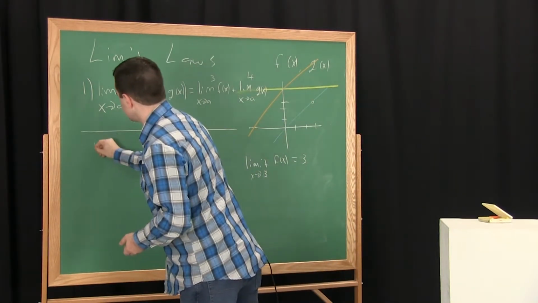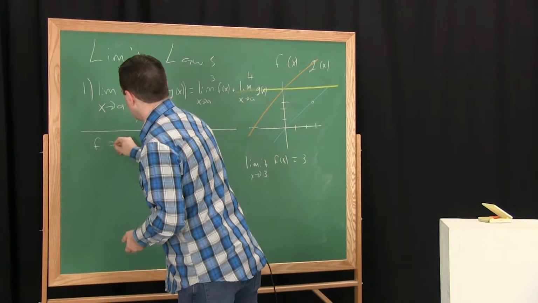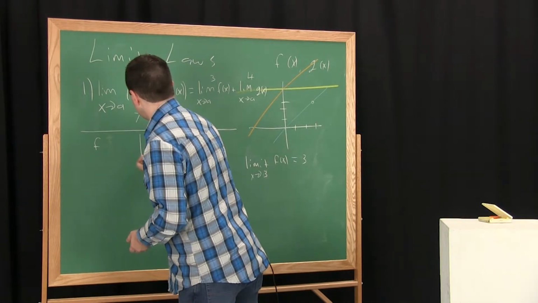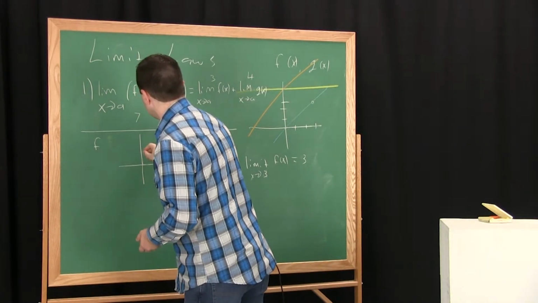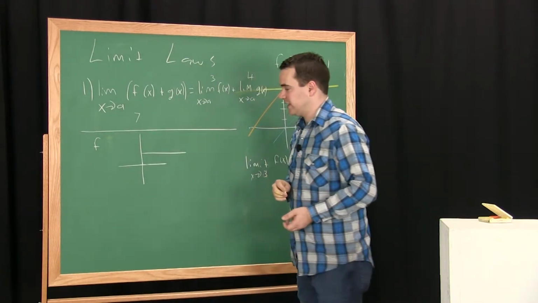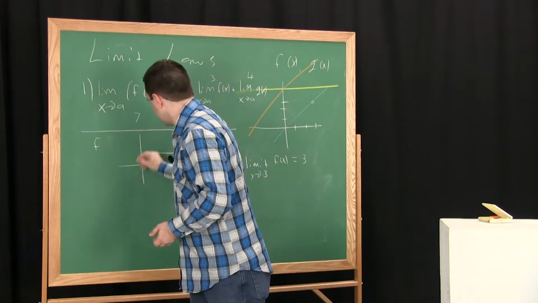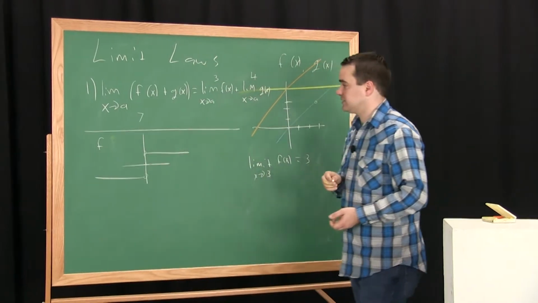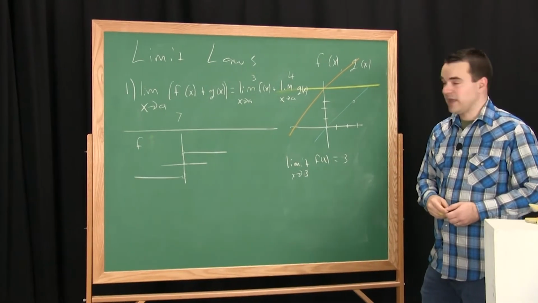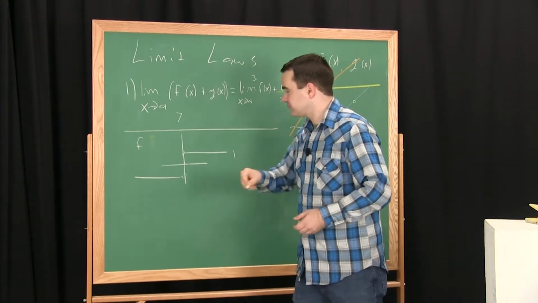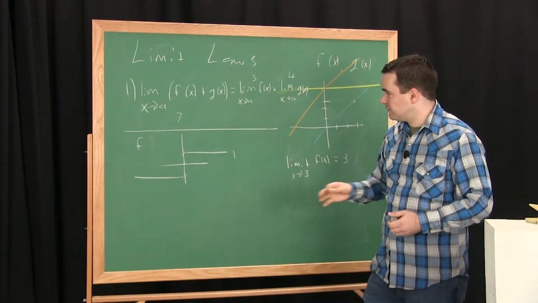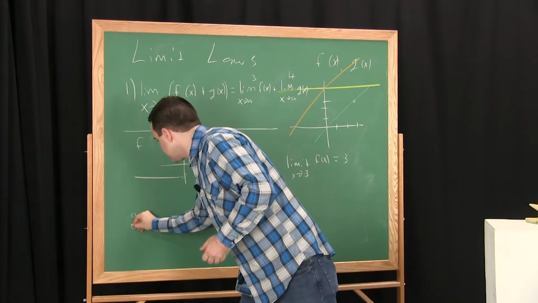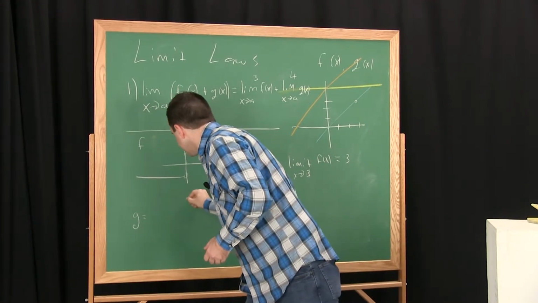Let's take a new function f, and I'll just draw its graph. This is going to be the function that's 1 when x is bigger than 0. And this is going to be the function that's -1 when x is less than 0. And function g, let's make it the negative of f.